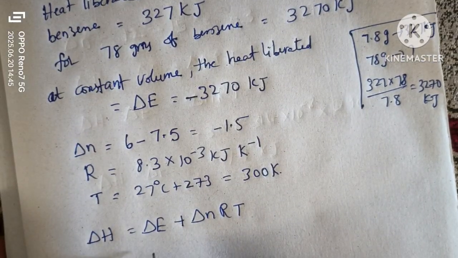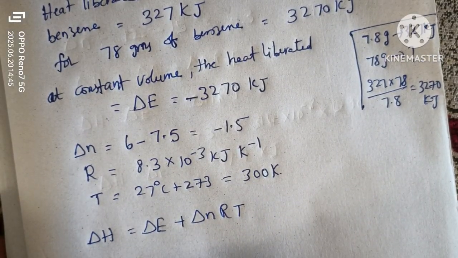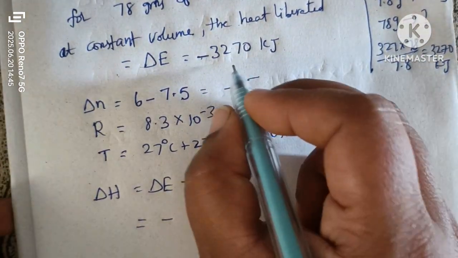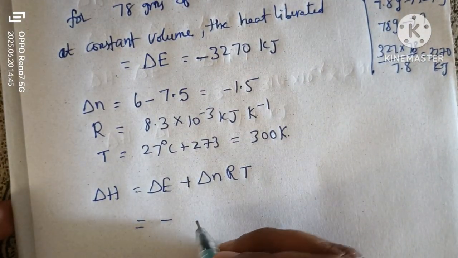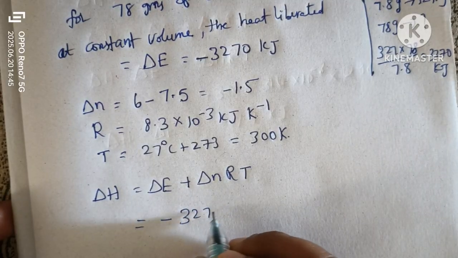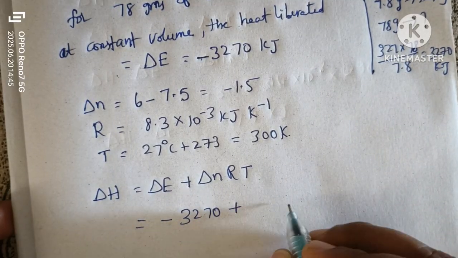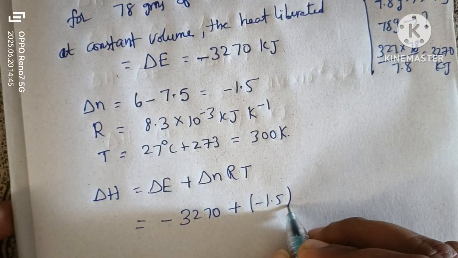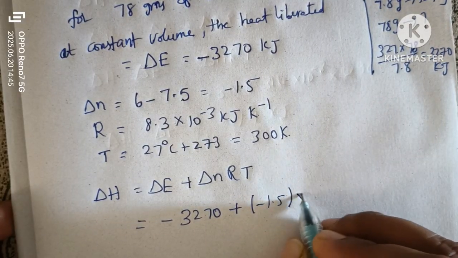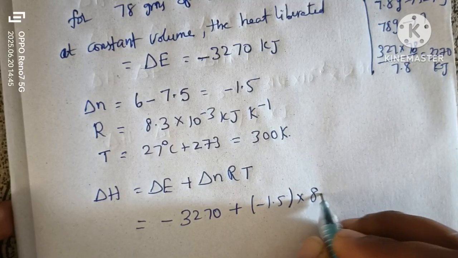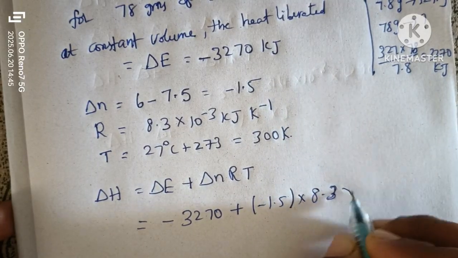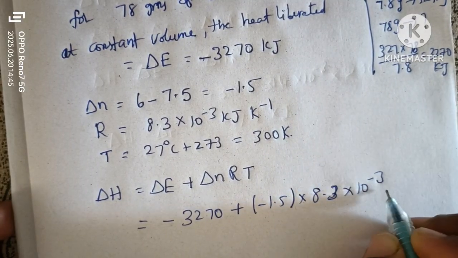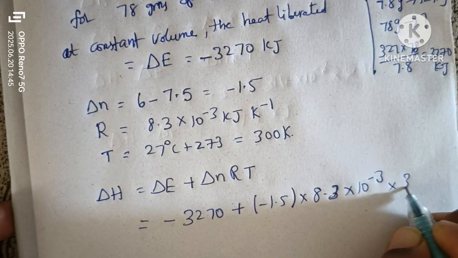So by substituting the values, minus in the place of delta E we have 3270 kilojoules, 3270, plus delta N value is minus 1.5 into R value 8.3 into 10 power minus 3 into T value is 300.